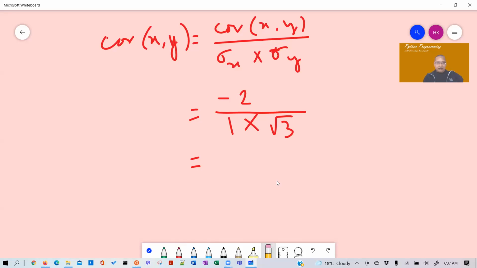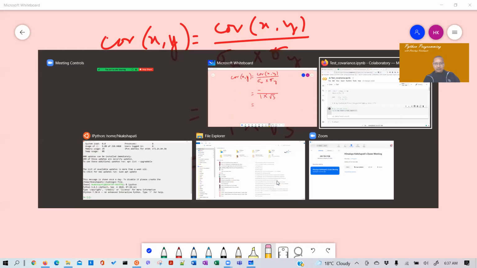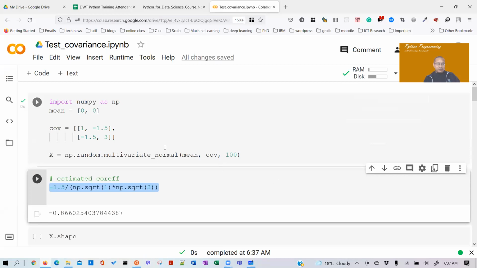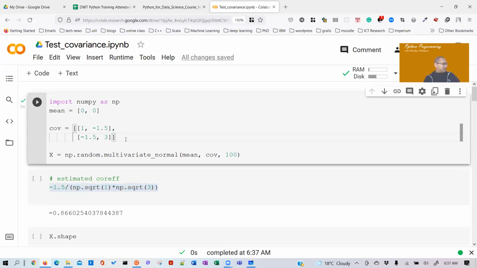According to this covariance matrix, what is the covariance between those two variables? This is 1.5 minus 1.5.